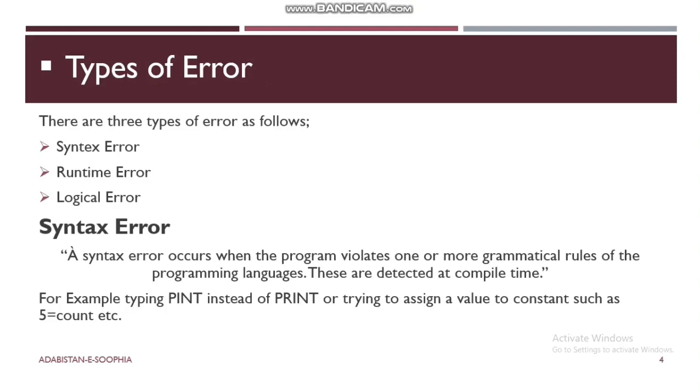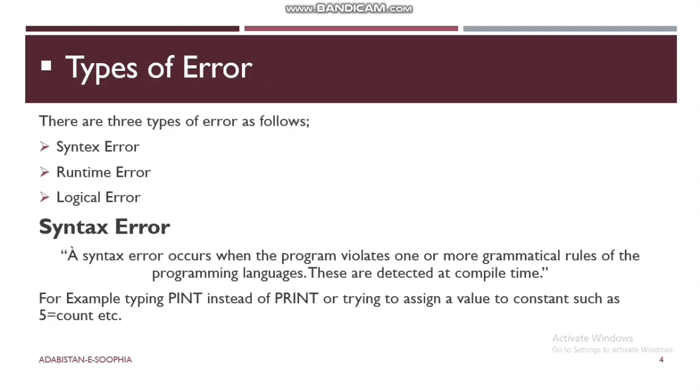After that, we viewed the details of types of errors. Types of error: syntax error, runtime error, logical error. What was syntax error? In all these three errors, you can guess from the name as well. From syntax error, you can say that there must be some grammatical rule mistake in that program, in that code.